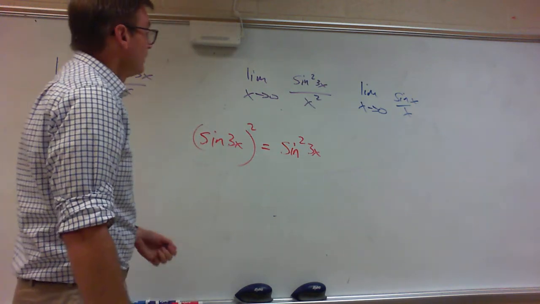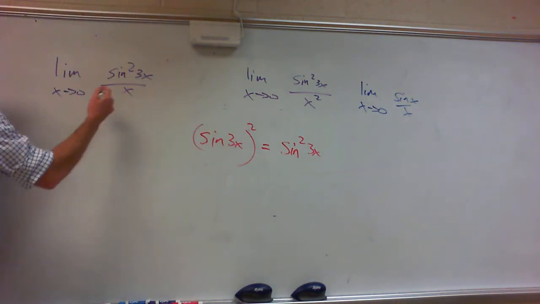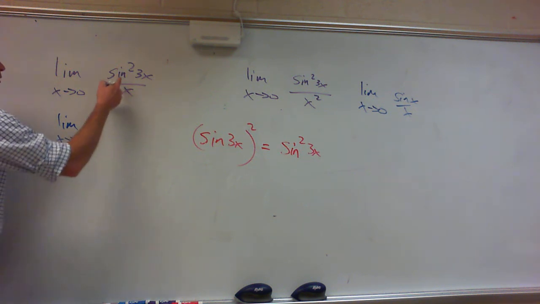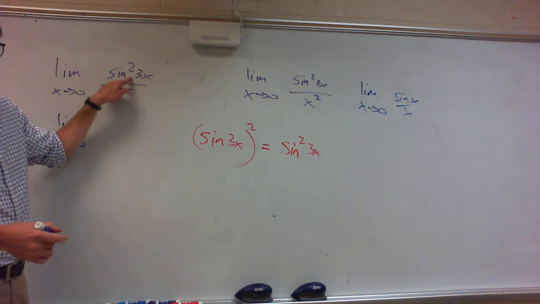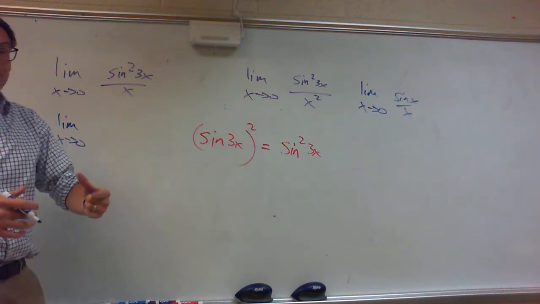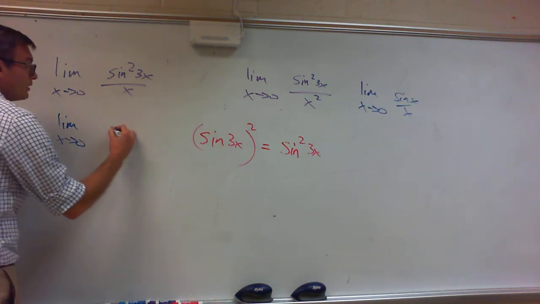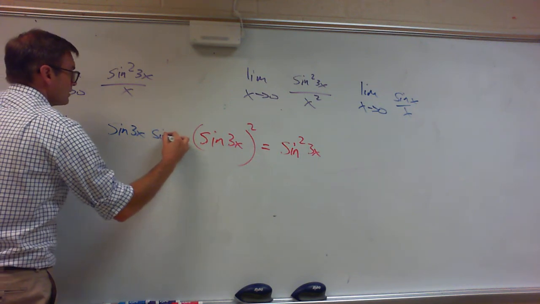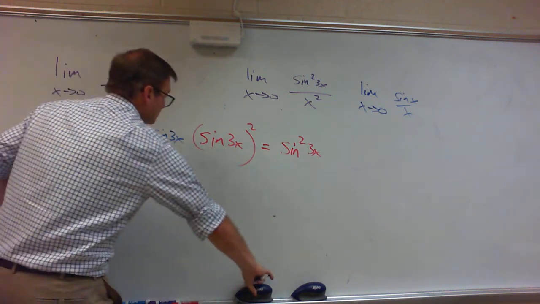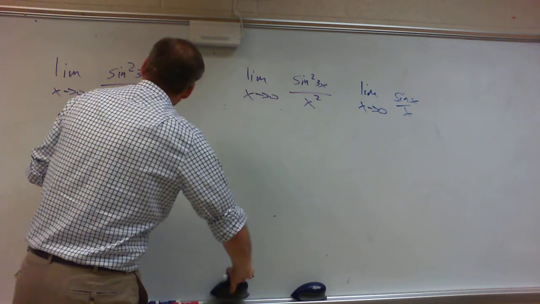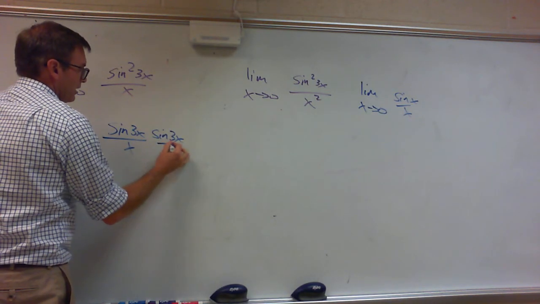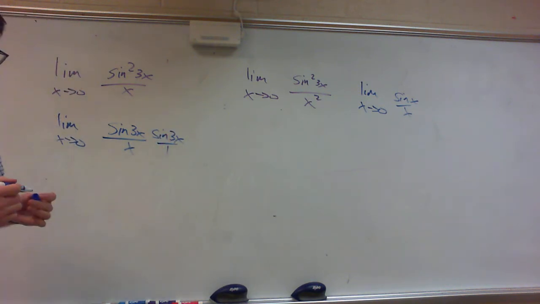So how I manipulate it is I'm going to rewrite this as the limit as x approaches 0. See that sine squared 3x, that's sine 3x times sine 3x. I'm actually going to write it out twice. So I'm going to write down sine 3x, sine 3x, and then I'm going to have it over x, and I can have it over 1 or just leave it off to the side.